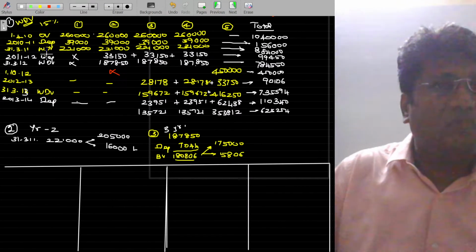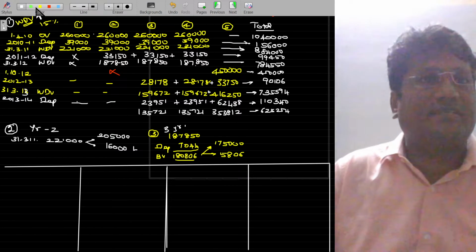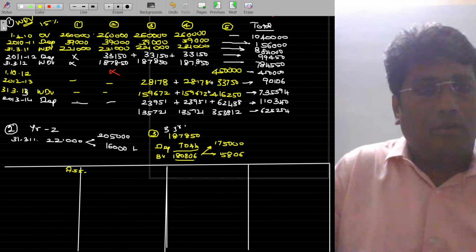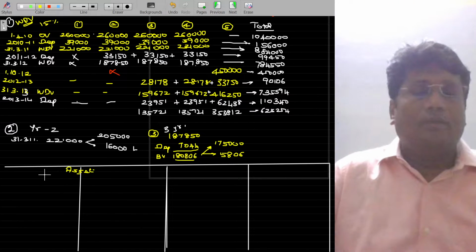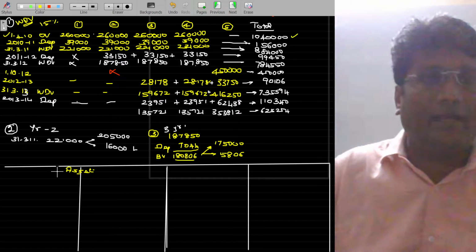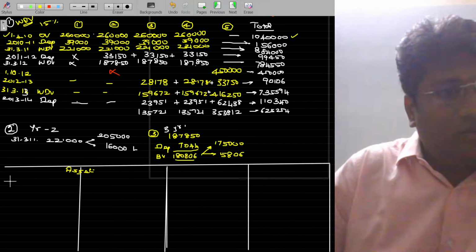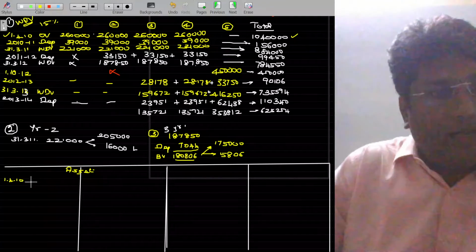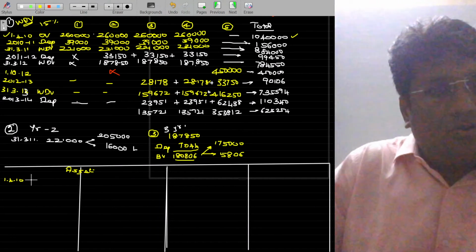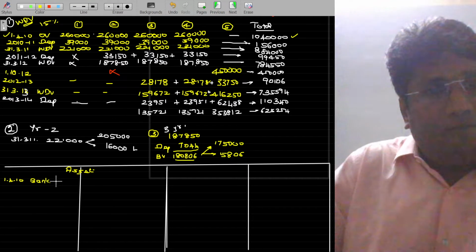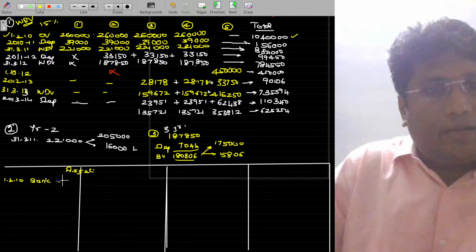Now, hereafter it's very simple. Asset account. Very first, on this date, I am purchasing an asset for 10,40,000 rupees. So asset account debit, to bank, the value being 10,40,000.